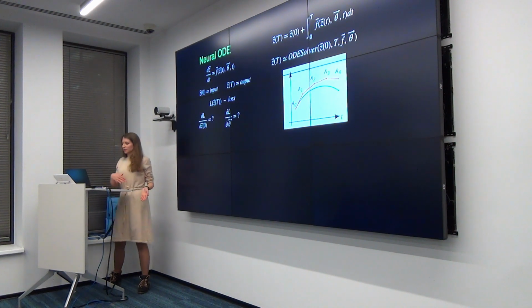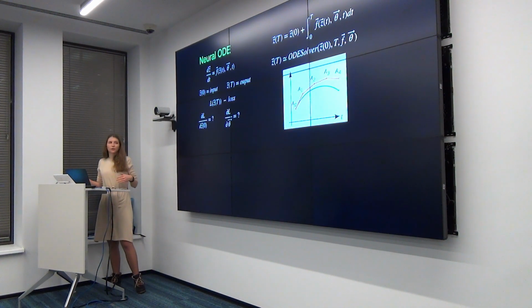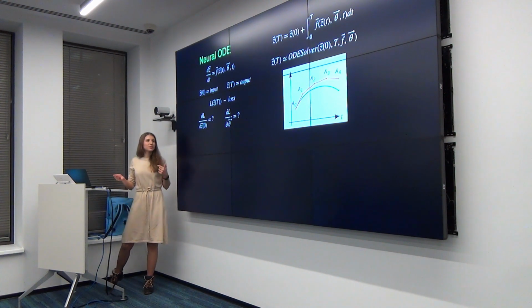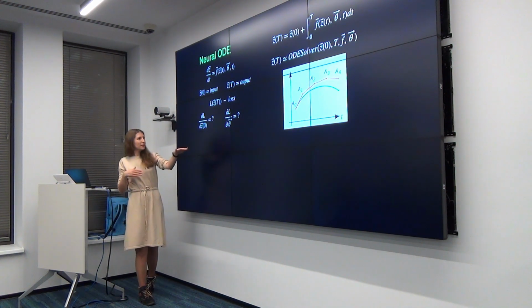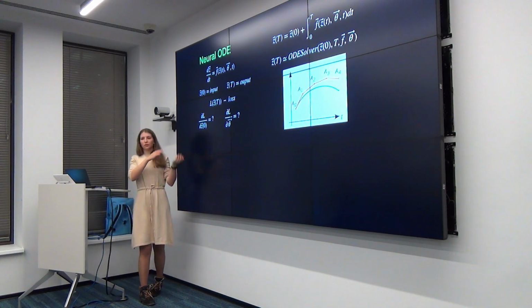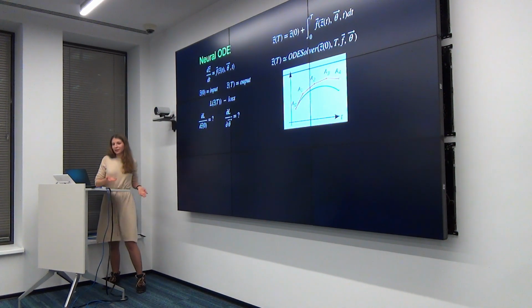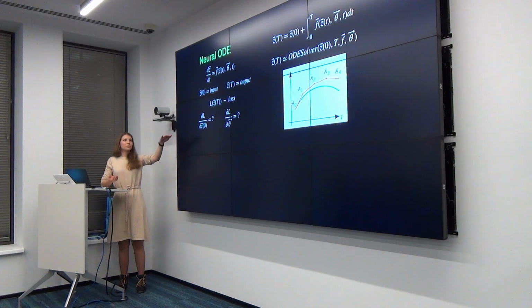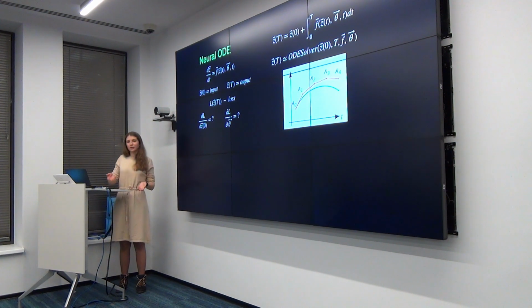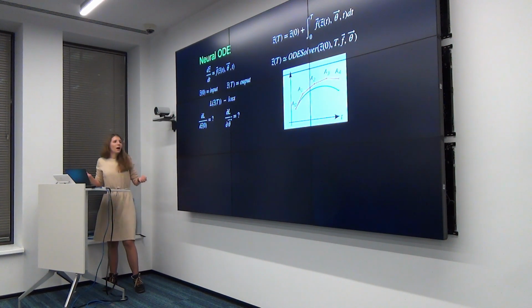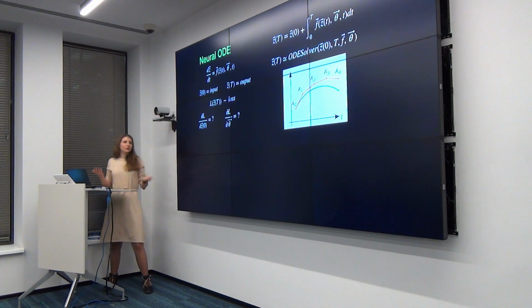And we want to know gradients of the loss with respect to parameters theta and with respect to the input. Why do we need the derivative with respect to the input? Because maybe the input is not just data, but the output of some other trainable system.